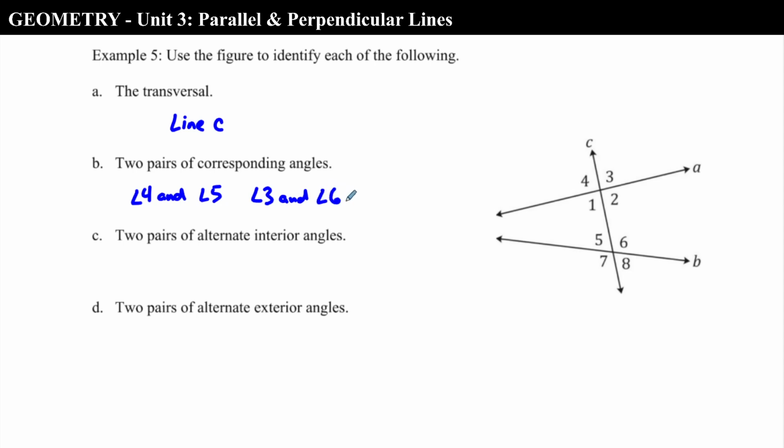Two pairs of alternate interior angles. Well, there's only two of them, 1 and 6, 2 and 5. Again, we cross over for those. And then two pairs of alternate exterior angles. 3 cross over to 7, 4 cross over to 8. So 3 and 7, 4 cross over to 8.